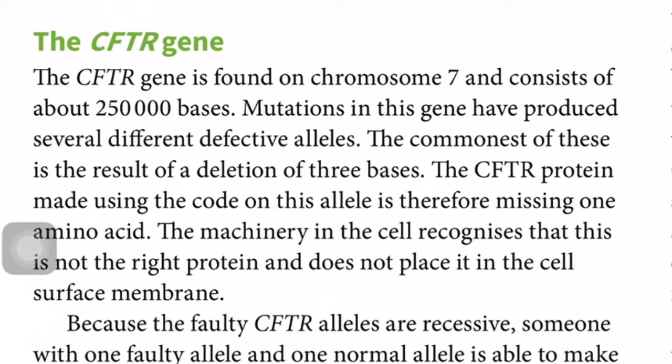So one of the mutations that causes cystic fibrosis causes the deletion of the amino acid, and thus the cells do not identify this as the protein they need, and so they do not place the protein. The cell surface membrane does not have the protein. In another example we have learned that it is present, but it cannot work. So there are different reasons for which cystic fibrosis can occur.